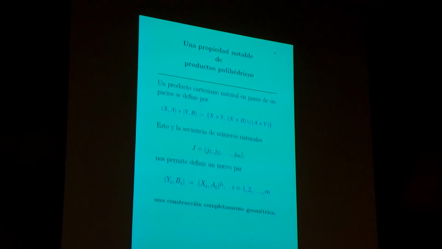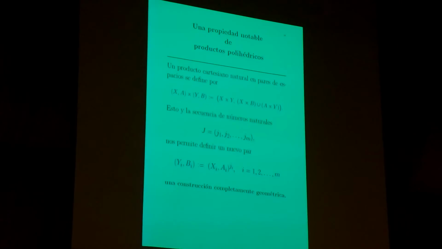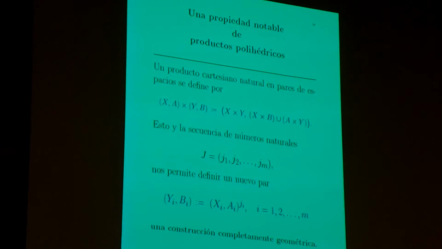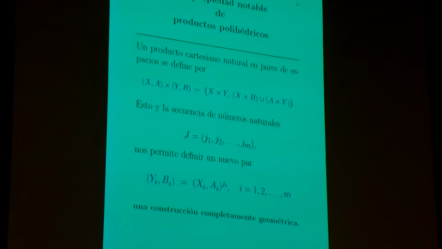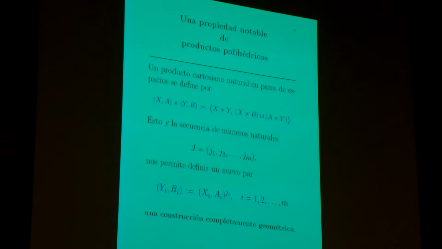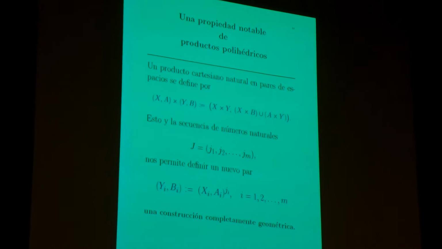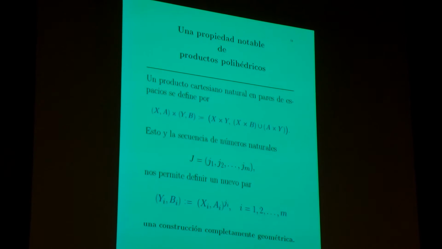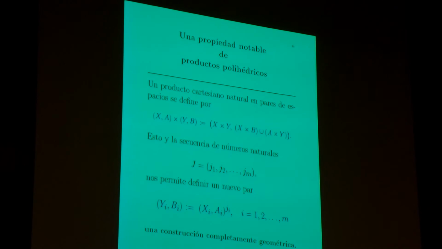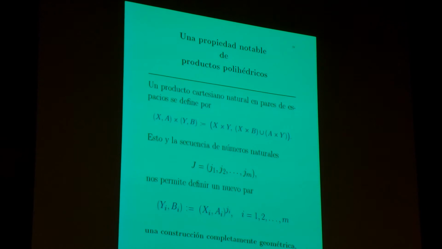Okay, so I want to tell you a property of the polyhedral product which is a miracle. If I have 2 pairs of spaces, (X, A) and (Y, B), in mathematics I can take the Cartesian product of the pair and I get a new pair where the first entry is the Cartesian product of X and Y, and the second space, the new A, is a union of Cartesian products.